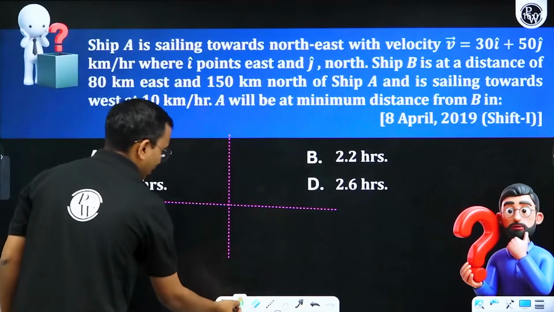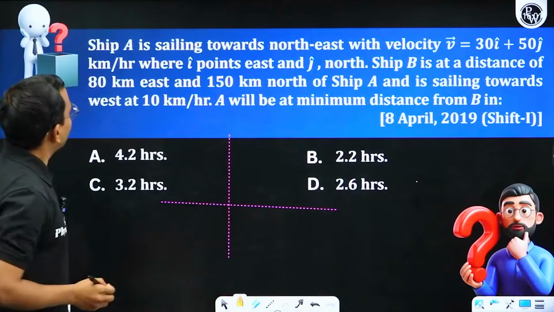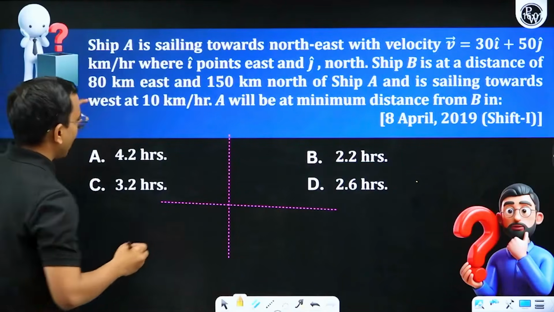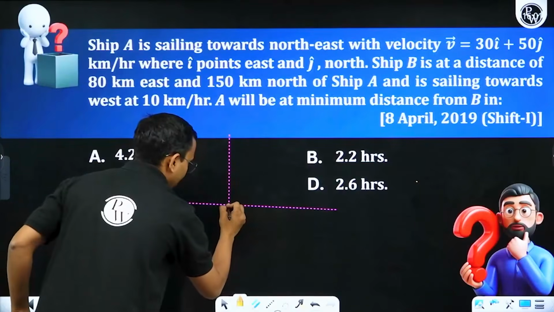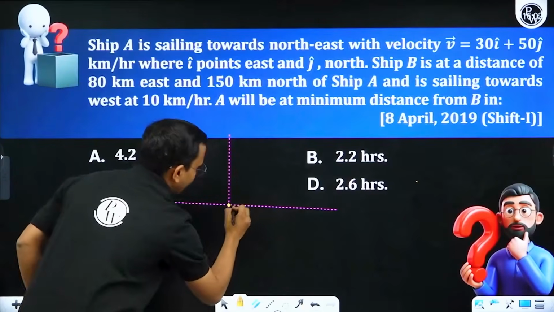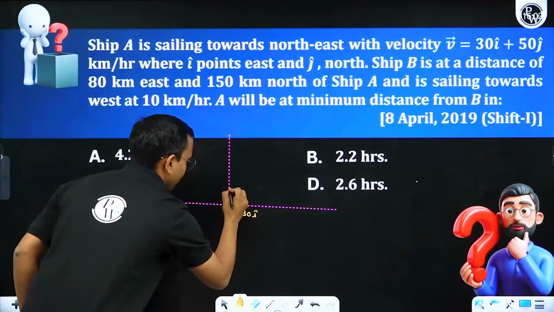Let us show the ships. Ship A is sailing towards northeast. I am taking A here. Its velocity is given: 30 i cap, 50 j cap.